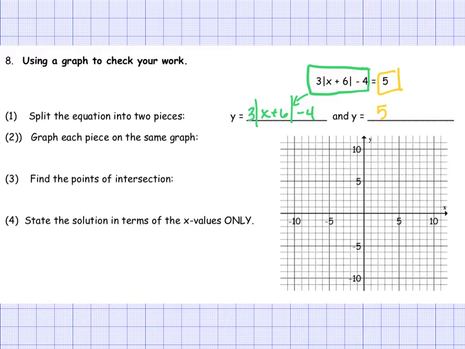So if I graph this right here, I'm going to remind you this has an HK of -6, -4, and it has a stretch factor of 3, so we're going to go out 1, up 3. And the graph point -6, -4, go out 1 and up 3 in both directions, and I'm just going to keep doing that because I know I have to go fairly high on this one.